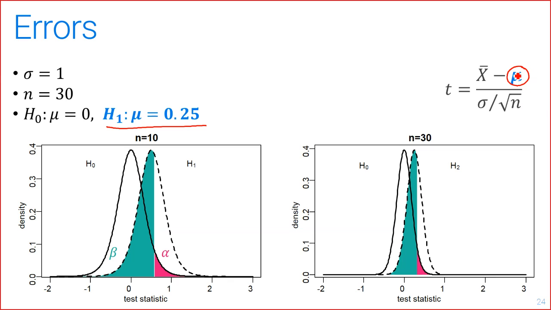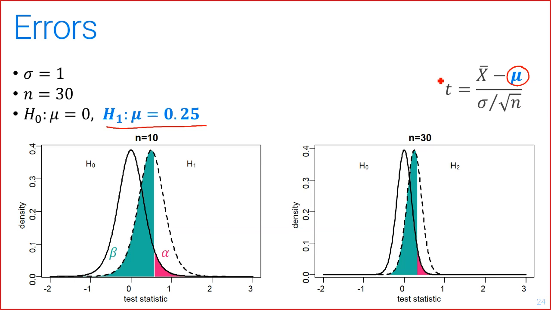And by changing that, what we see is that the numerator is smaller, and therefore the t-statistic is going to be smaller. And so it's going to be harder to test one hypothesis or the other because the two distributions are getting closer and closer together in this case. And so it's going to be more difficult to tell one from the other.